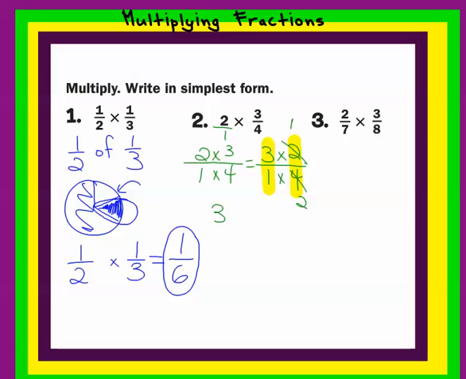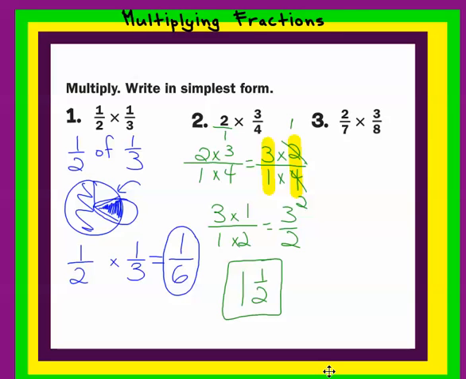So now we have the problem of 3 times 1 over 1 times 2. And when I multiply that, I have 3 over 2, which is an improper fraction, so I need to change it over to a mixed number, and that is the same as 1 and 1/2. So there are a lot of little steps to think about in this problem, but they're all steps that we know how to handle.